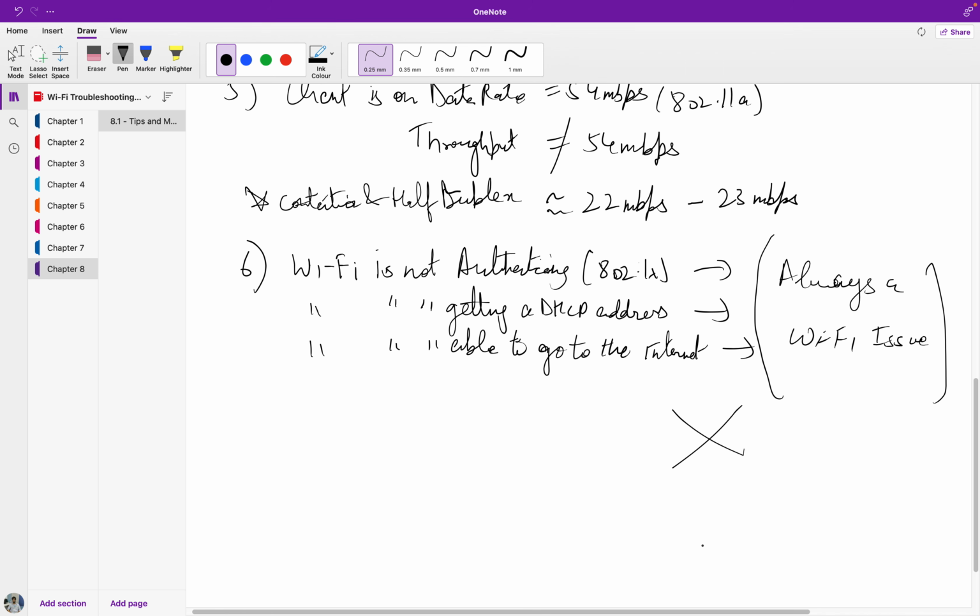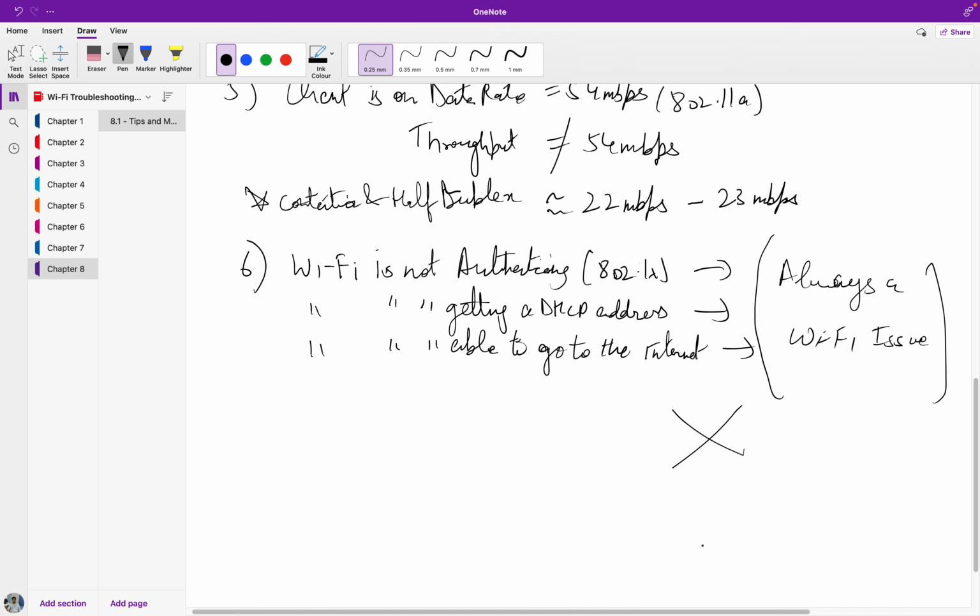Understand this: since I was in TAC, then moved to consulting and then to a pre-sales role, even to date, I get customers who think my .1x failing is a Wi-Fi issue on a Wi-Fi client. Or, I'm not able to get the IP address, it's a Wi-Fi issue. It's not. I'm not saying there's a 100% possibility, but it's a very rare chance, and you may not run into it.